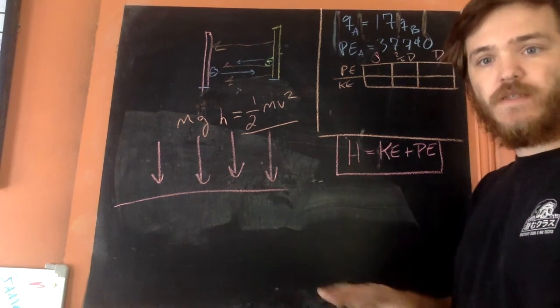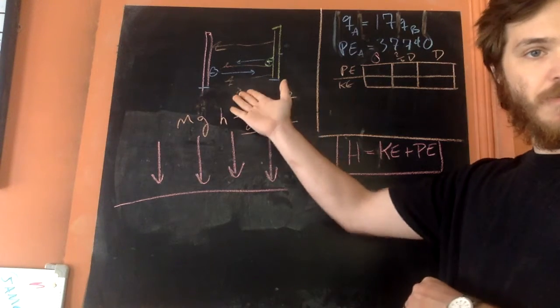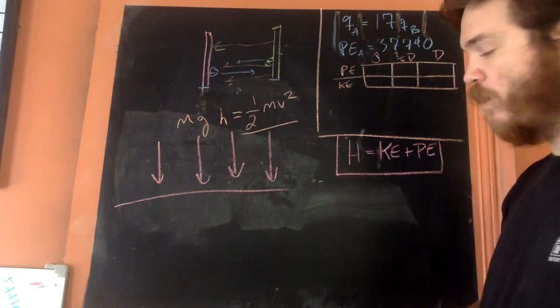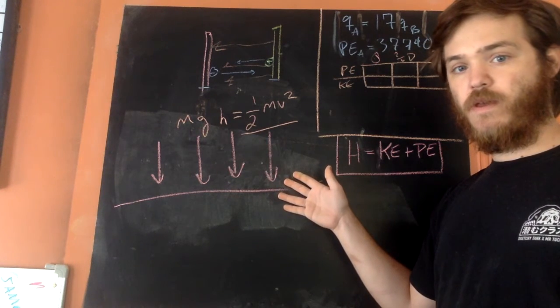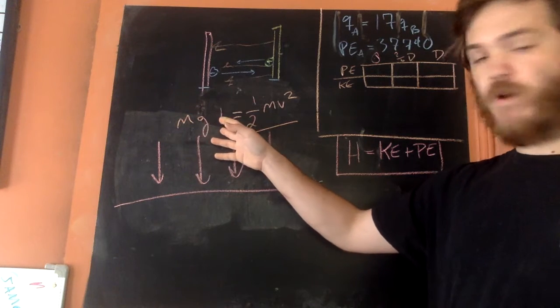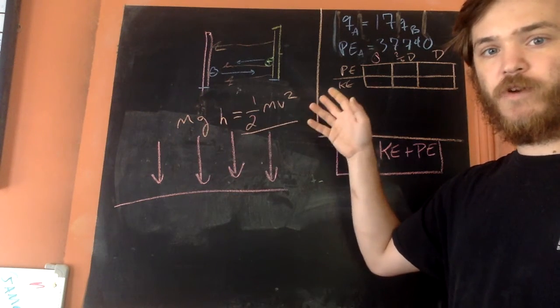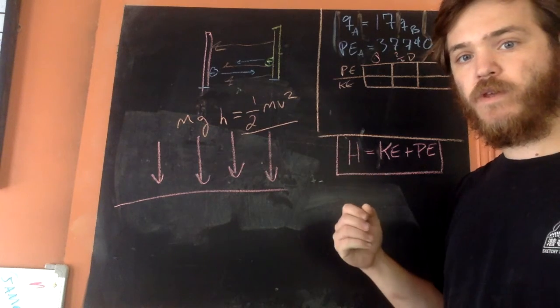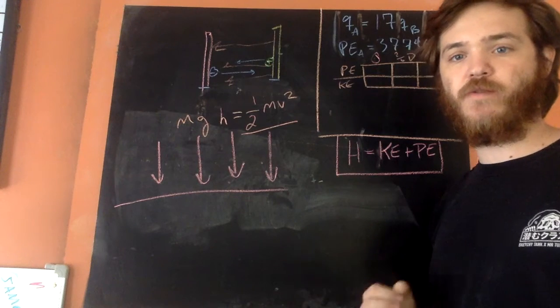So if we take this and we generalize it to our plate situation, we also have a uniform field, and we have a linear form for potential energy in relation to kinetic energy from Physics 1. So let's assume that we have the same sort of linear form.